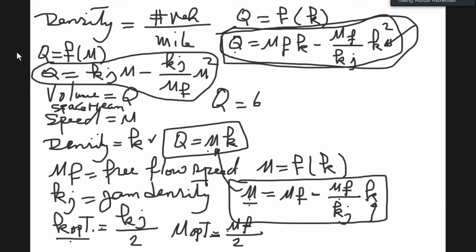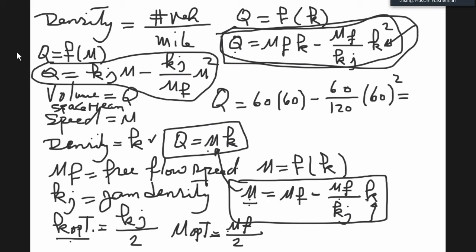We said mu f is 60 times K. This K will be K optimum. So the K optimum was what? 60 minus mu sub f is 60 over Kj, which is 120 times K squared. And K squared, that's the optimum density. Optimum density, that will be what? 60 squared. And you calculate that. That's one way to do it.